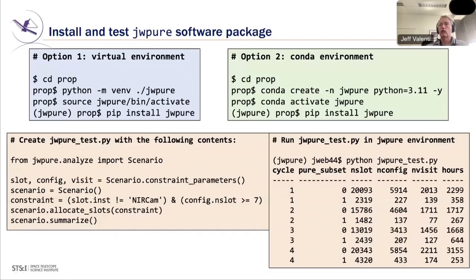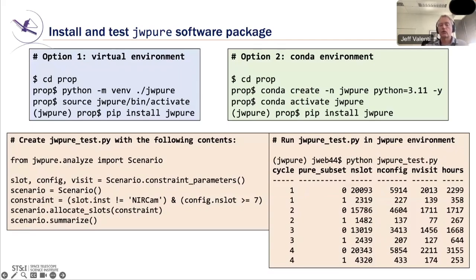go through later, but I'll give you a preview that you get separate results for each cycle, because each cycle is like a separate instance of what might happen in cycle 5. So you get some idea of what the variation is from cycle to cycle in the number of opportunities you would have for your program.